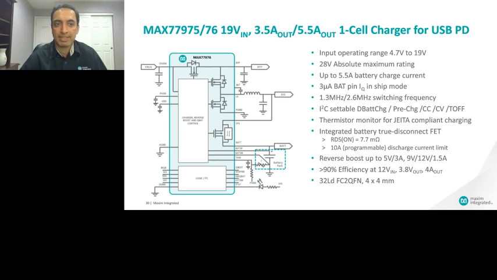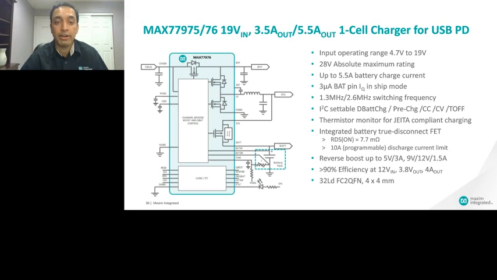We also have the Max 77975 and 976, which is a single cell buck charger for USB power delivery. These chargers operate up to 3.5 or 5.5 amps output charging capability, and they offer very high efficiency up to 90% or more, even at high input voltages, which is not very easily found in the market.